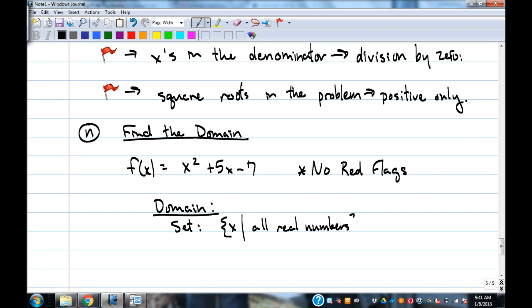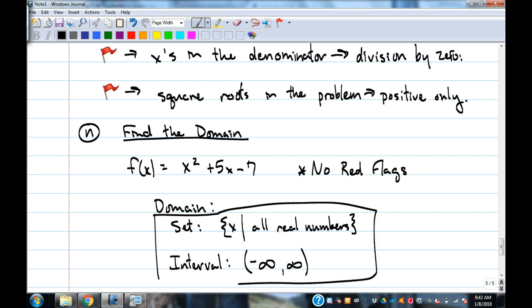That's set notation. Interval notation, if there are no red flags, all real numbers is the domain. It's from negative infinity to positive infinity. Okay. That's what we're looking for.